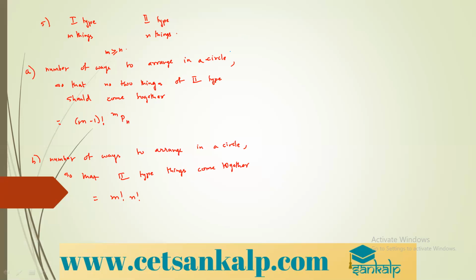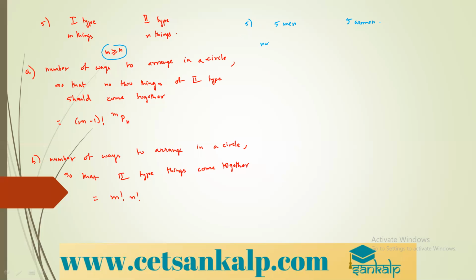Suppose you take examples with this. For the fifth example, I will take one type, 5 men, and another type, 5 women. I will take the same number, because I said m can be equal to n or m can be greater than n.